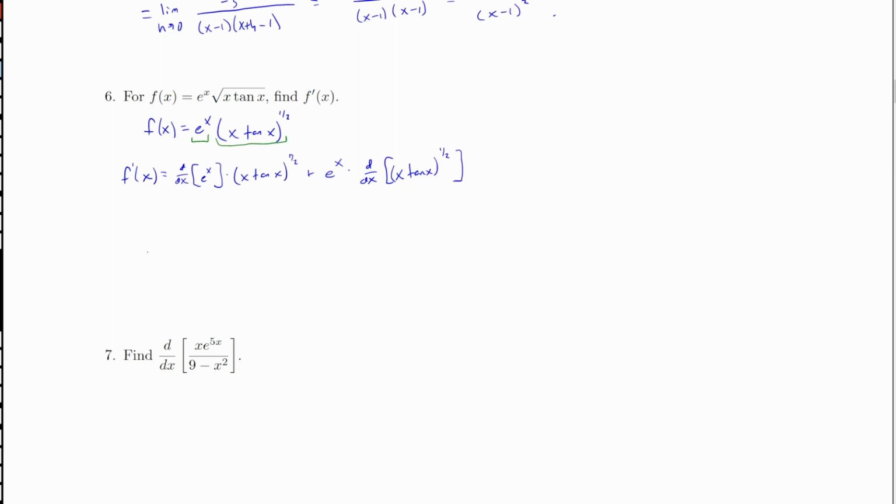Okay, so now let's work out these derivatives. Derivative of e to the x, it's just e to the x. Okay, and now for this derivative, I have stuff inside a half power, so I'm going to use the chain rule.